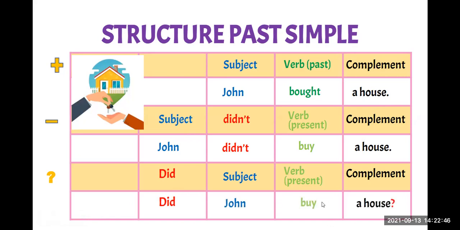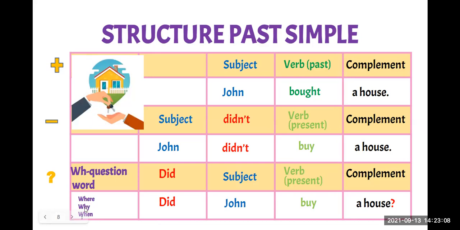Very good. Sometimes we can add these WH question words before the auxiliary verb, okay? And we can say, where did John buy a house? Why did John buy a house? Or when did John buy a house?